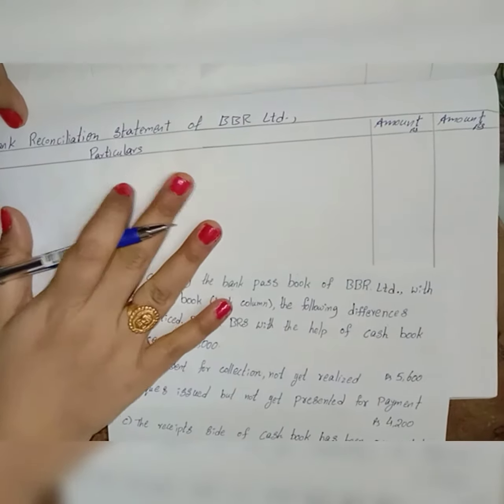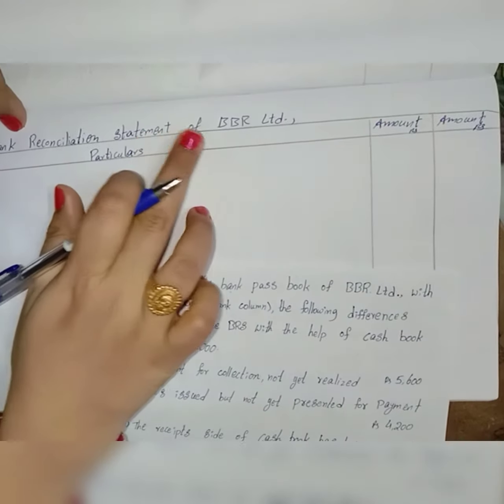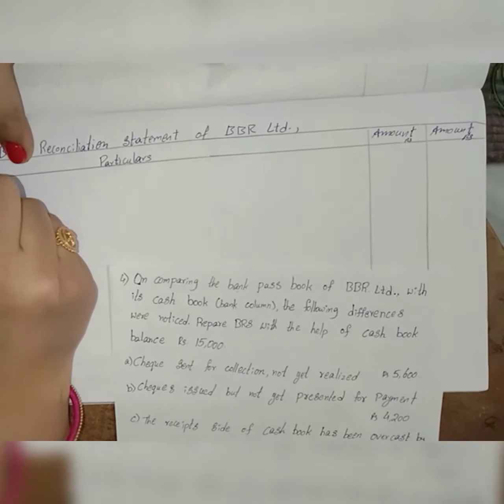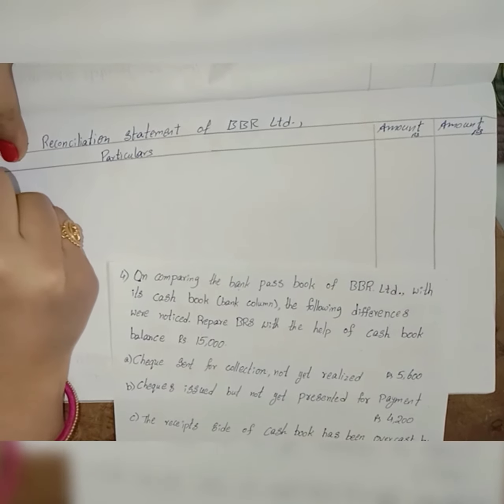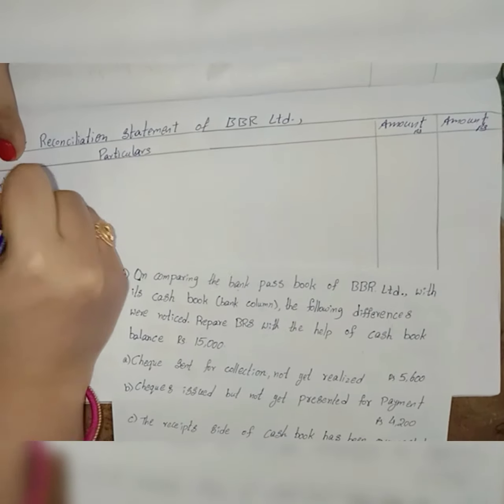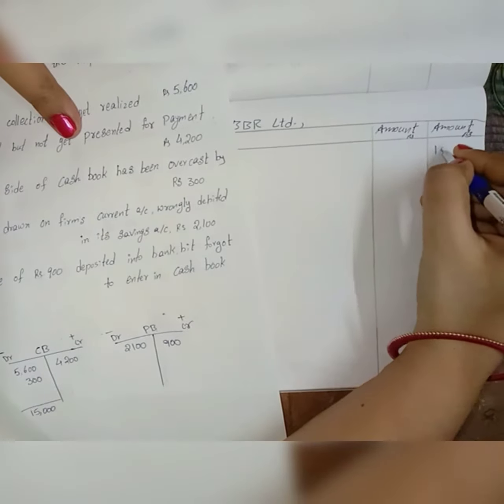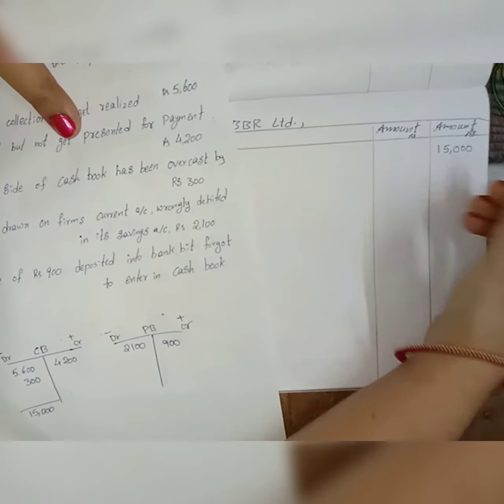This is our statement. Bank Reconciliation Statement of BBR Limited is the main heading. Bank balance as per cash book, the amount is 15,000. We write it in the outer column, 15,000.